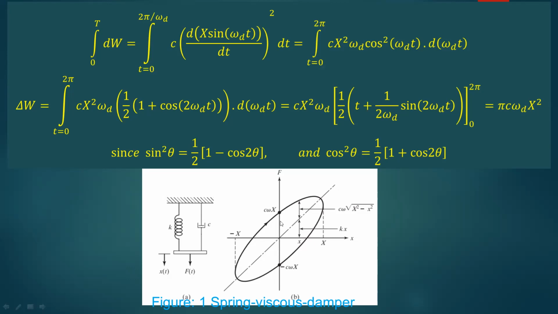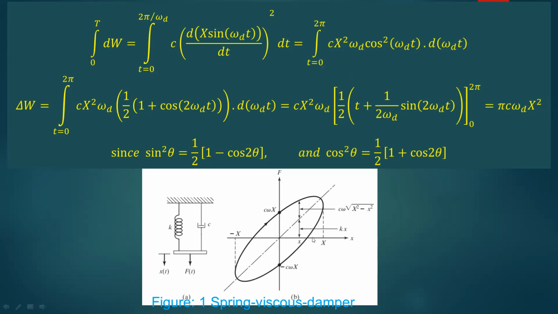So it gives you dW equal to, you can use the previous equation as an integral over the time period. One time period to complete one oscillation is 2 pi over omega d. Finally, from this mathematical expression, what we get is pi C omega d X squared. This X is the maximum amplitude, the amplitude of the system.